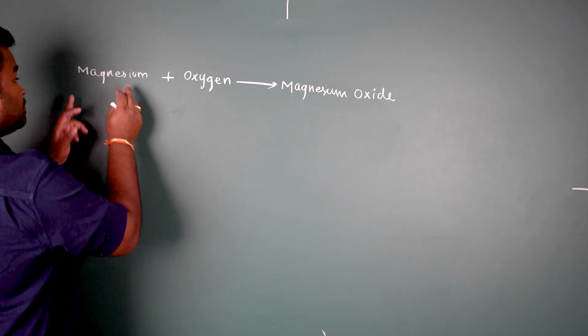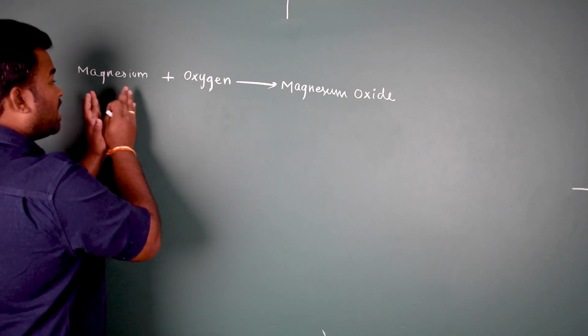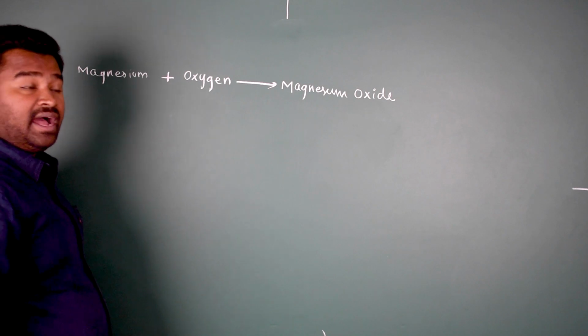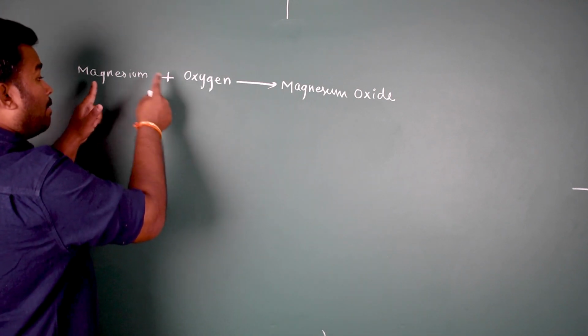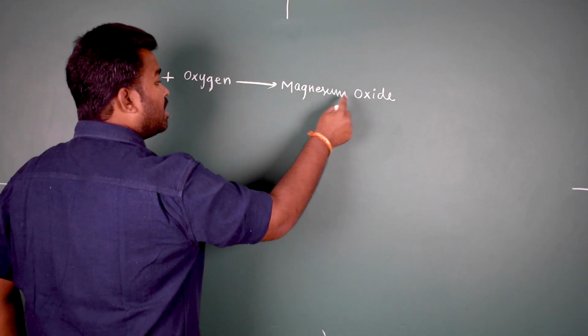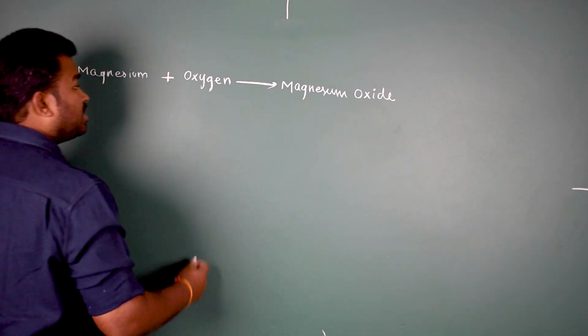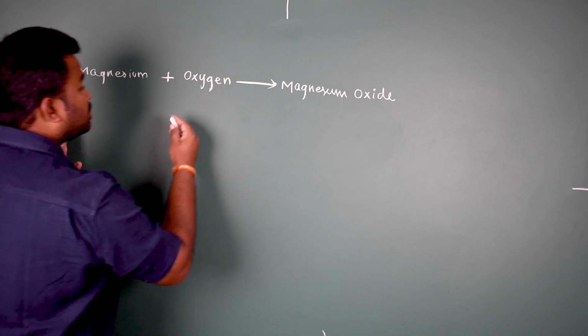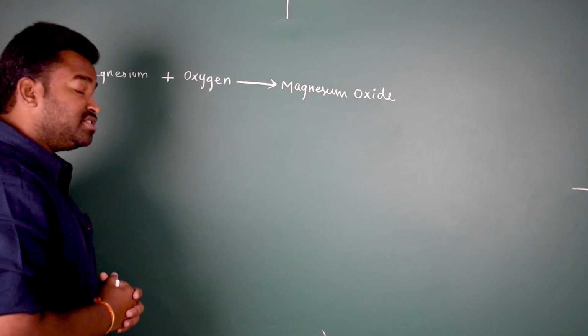So I'm separating the substances that are reacting in a chemical reaction by a plus sign. And these two are combining to form a new substance, that is magnesium oxide. Here I am showing by an arrow in which direction this chemical change is happening.